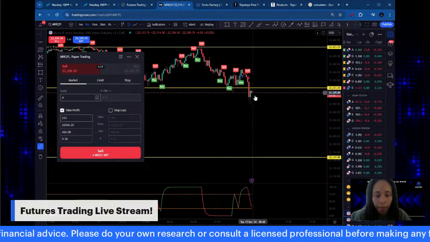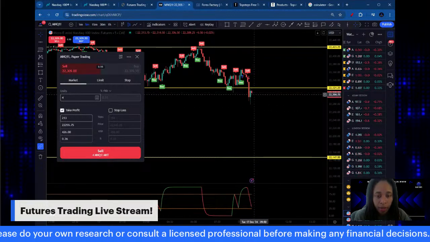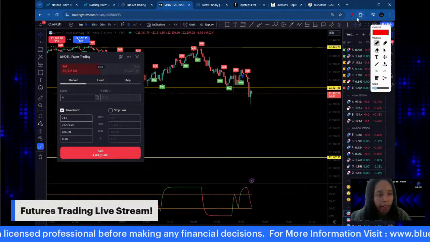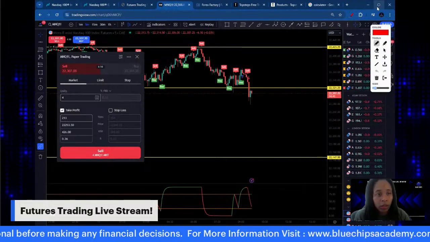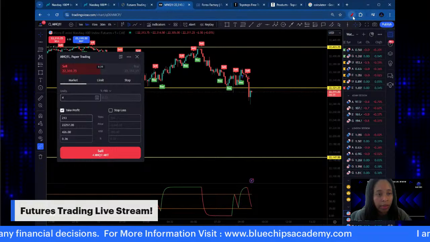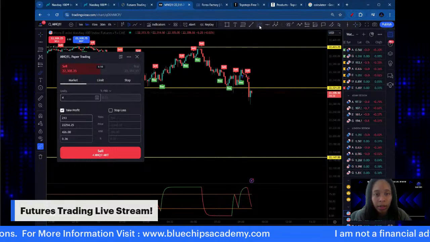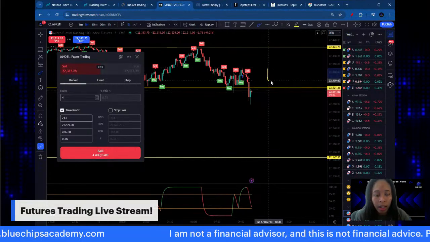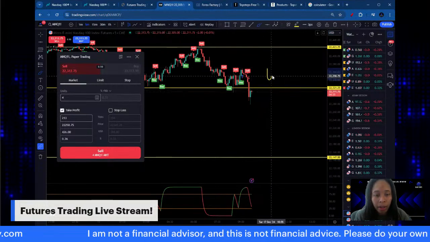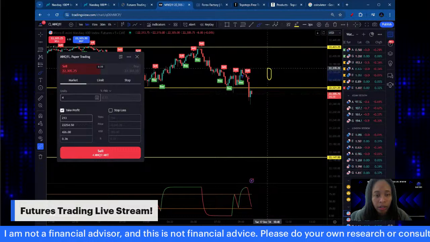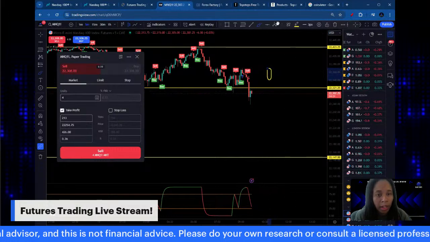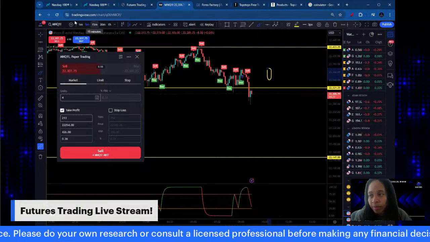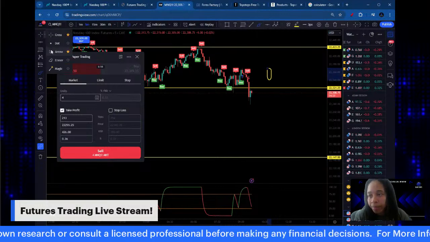If we get an engulfing bearish candle, red candle, and what do I mean by engulfing? Okay, so let me see if I can draw a little illustration here. Actually, let me use my square. That'll probably be better.